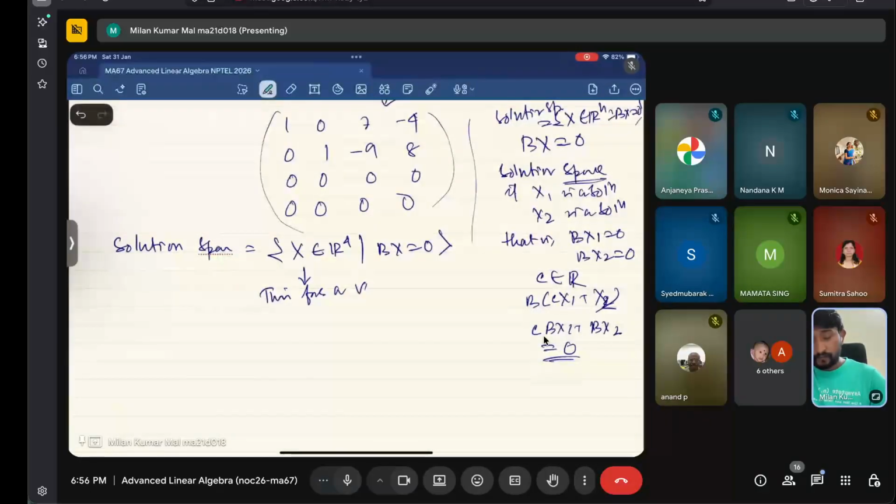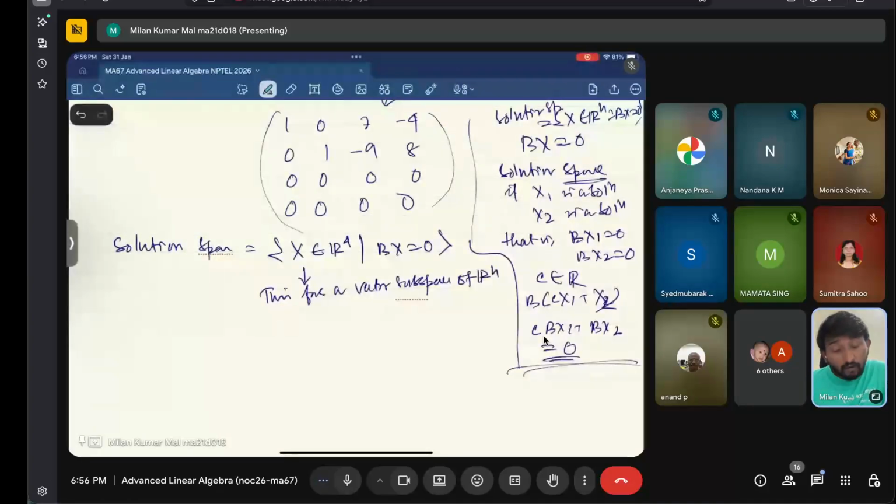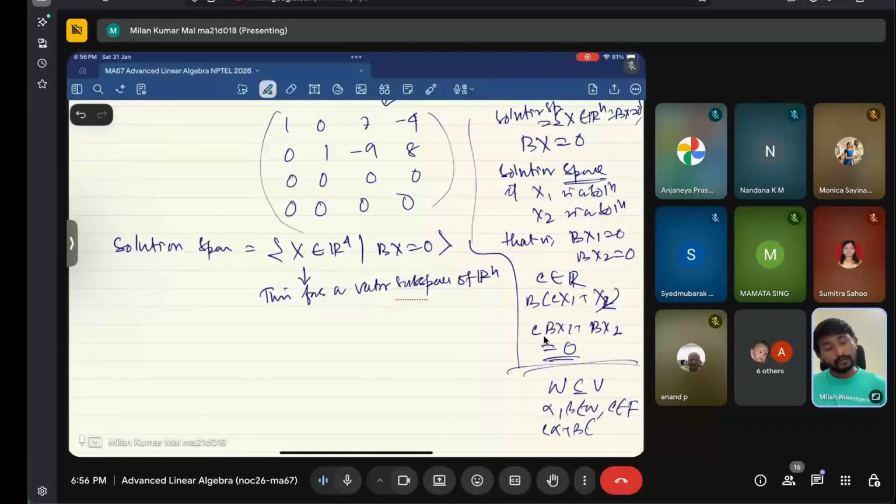Recall the previous class: a subset W of V is said to be a subspace if for any alpha, beta in W and c in the field, c alpha plus beta is again in W. This is what I am proving here, so the solution set becomes a subspace.